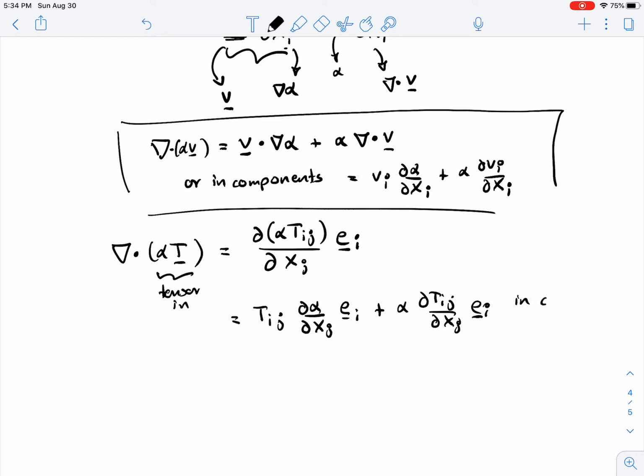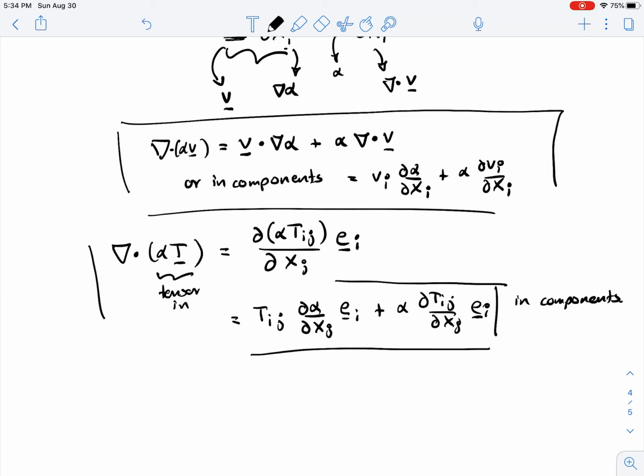So that would be one of the answers, so that would be in components. This is perfectly valid. This will be the divergence of alpha T. But let's try to get back to the not component part.